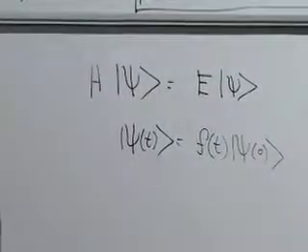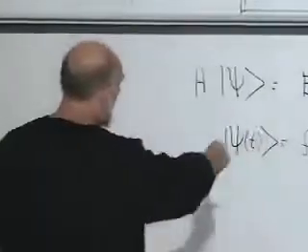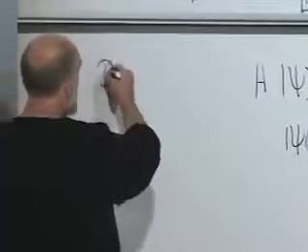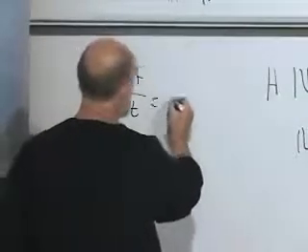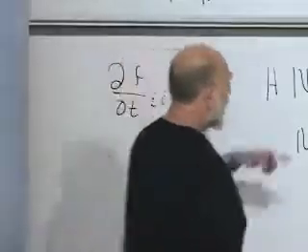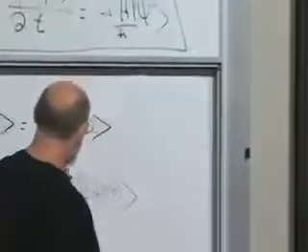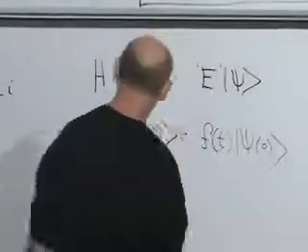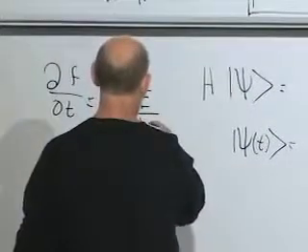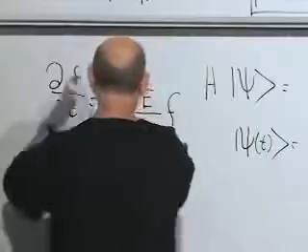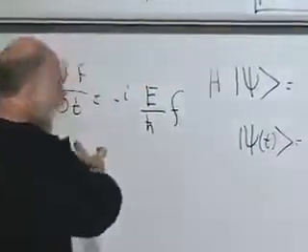Okay, so what does it say? We just factor out psi of 0, and what it says is that df by dt is equal to minus i. Now, H on psi gives E times psi. So that gives an E divided by h bar times f, all multiplying the vector psi.